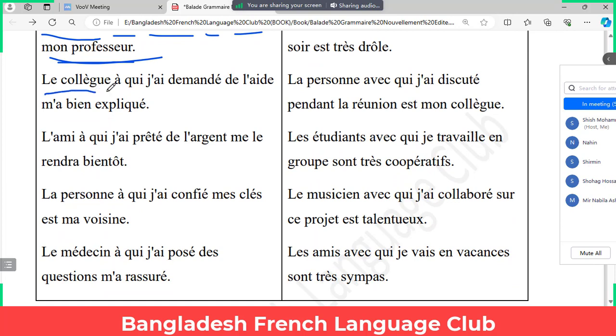La collègue à qui j'ai demandé de l'aide m'a bien expliqué.